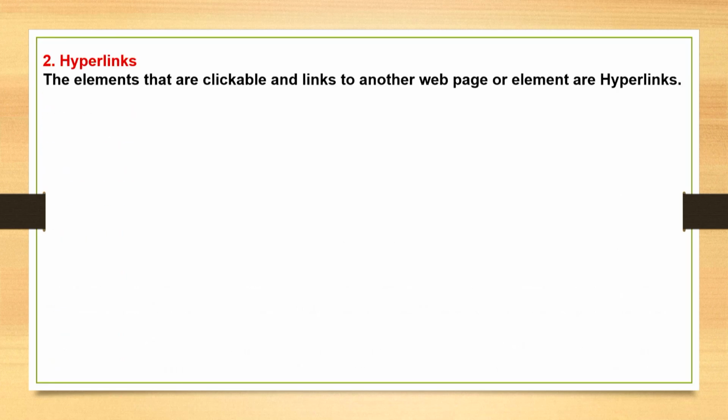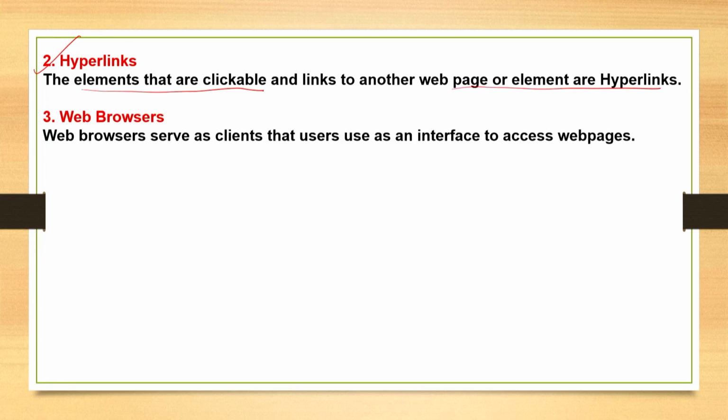Second component is a hyperlink. Hyperlinks are the elements that are clickable and link to another web pages or elements. Third one is the web browser. Web browser serves as a client that users use as an interface to access the web pages.